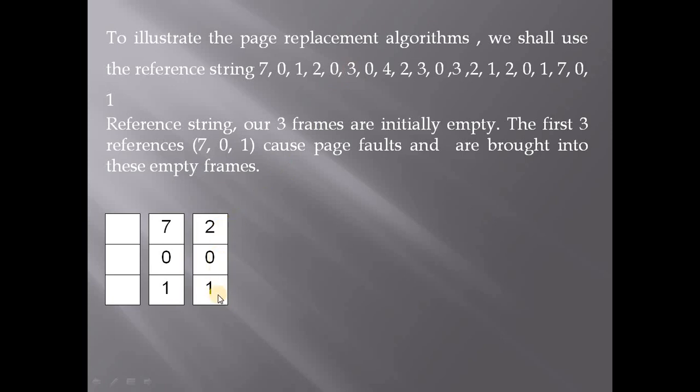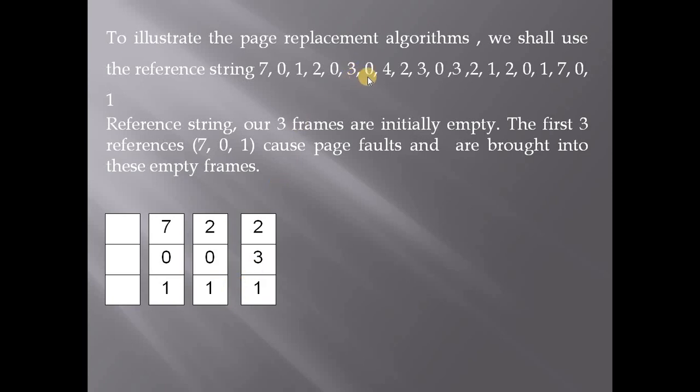We will be using FIFO. So among these 3, who came first? 0. So now we are going to replace 0 with 3. So now in the frames we will have 2 as it is, 0 will be replaced by 3 and 1 will remain as it is.